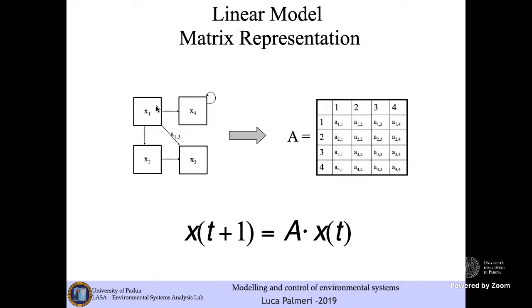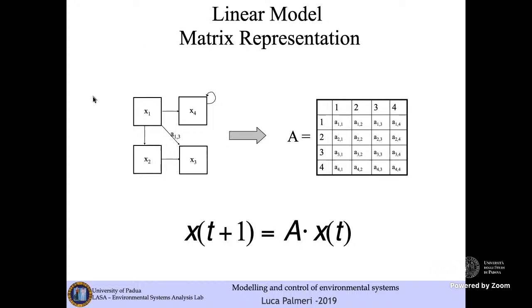So we may describe a linear model by, for example, introducing 4 compartments. You may recall that we have said that compartmental models are linked to matrix representation. We have already said that linear models are models for which we have first order differential equations.